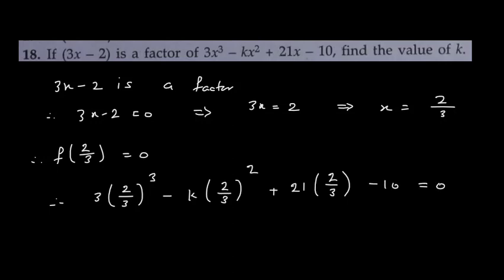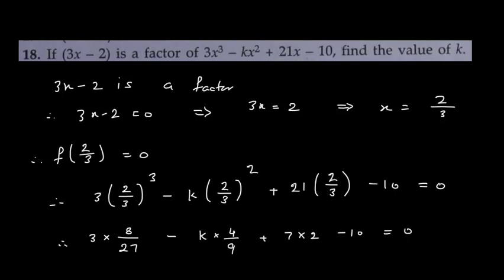This is equal to 0. So therefore 3 into, now this is 8 upon 27 minus this is k into 4 upon 9 plus 3 7s are 21, 7 into 2 minus 10 is equal to 0.